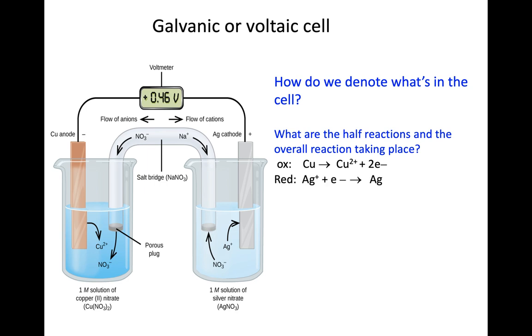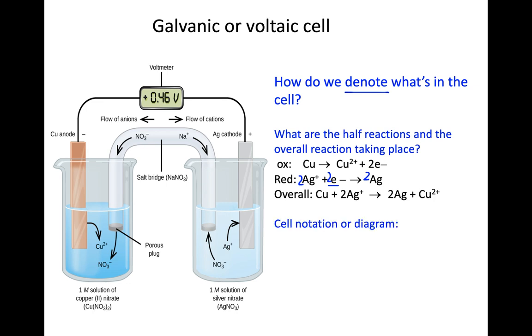If I want to add this up, I do need to multiply this whole thing by 2, because if I'm producing 2 electrons in the oxidation step, I need to use up both of those electrons in the reduction step. So overall, we've got copper plus 2 silver ions going to silver metal plus copper 2 plus ions. So one way we can denote what's in the cell is to say this is the reaction that's happening in my cell.